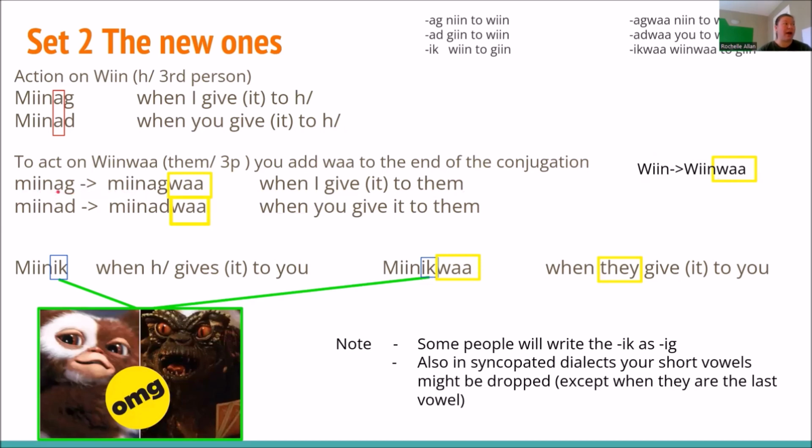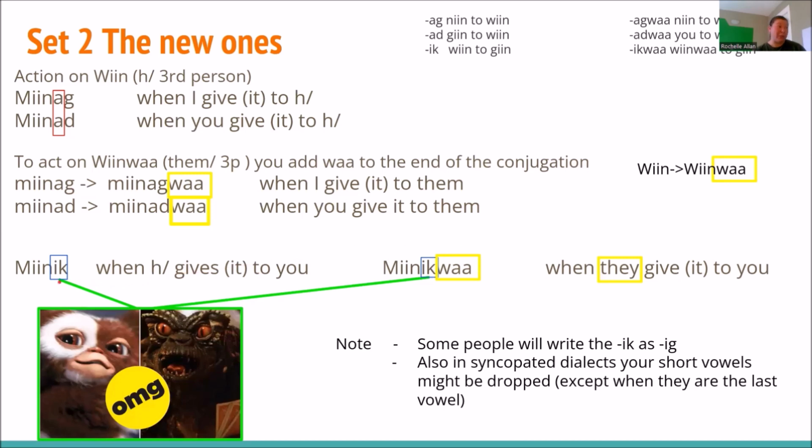So meenug is I to her or him. Meenugwa is changing that third person to a plural third person, from he or she to them in English. So meenud, you to him or her. Meenudwa, you to them. Hopefully that makes a little bit of sense. We've seen wa for third person plural a few places, including in its sort of name.